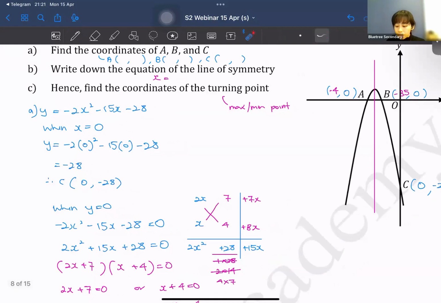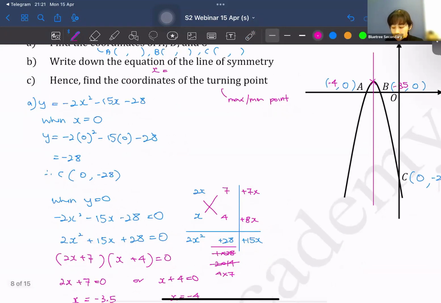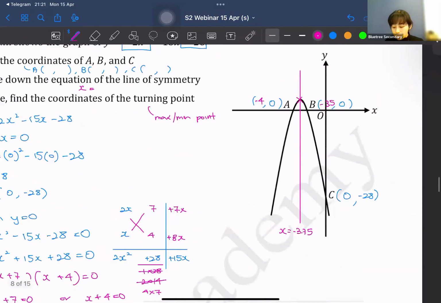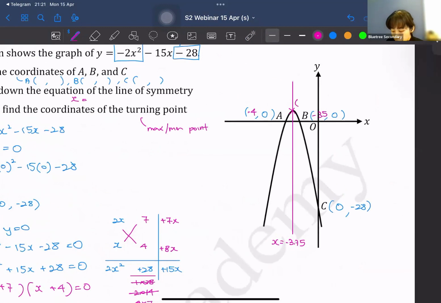So what you need to know is your turning point essentially lies on the line of symmetry. That means to say that since I already know that my line of symmetry is x equals to negative 3.75, one of my coordinates of that turning point is already known, and that's going to be my x. So your job now is to go and find what is the y coordinate.